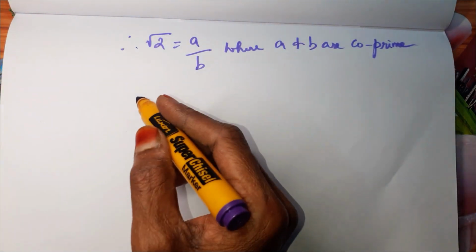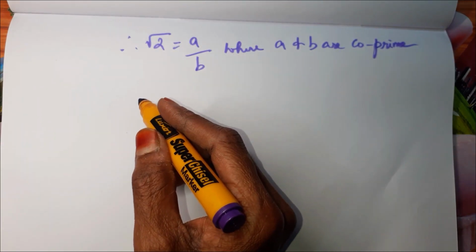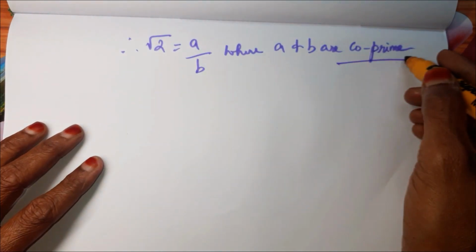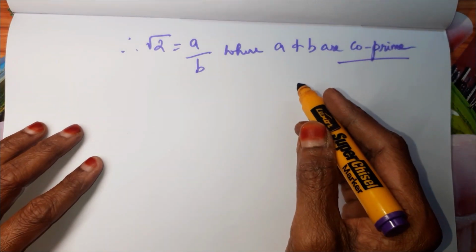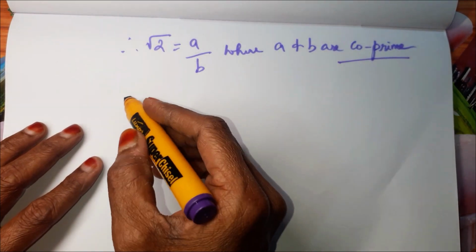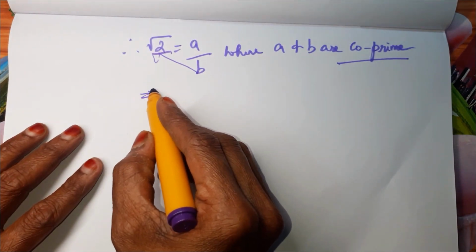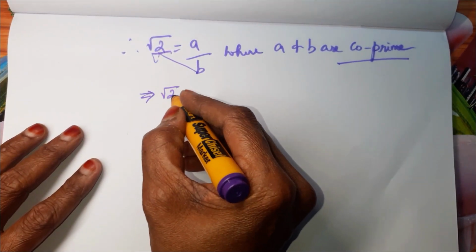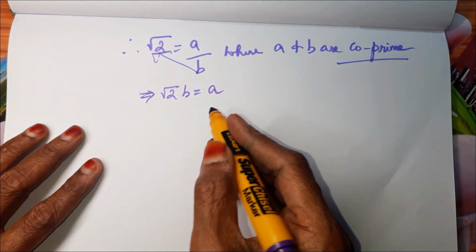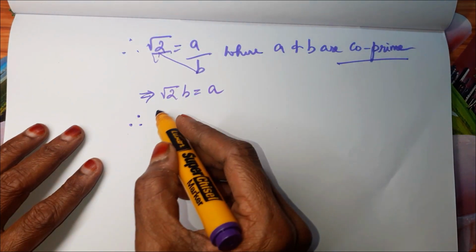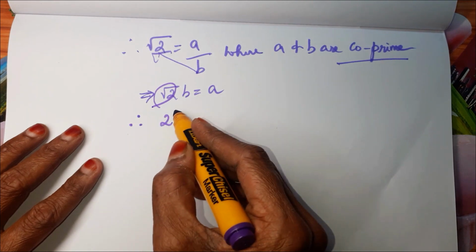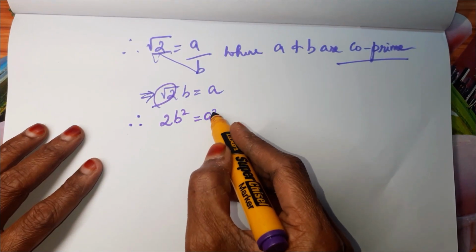So, we can write root 2 is equal to a by b, where a and b are coprime. Coprime means both have 1 as the common divisor, the GCD. Multiplying by b on this side, we get root 2 into b equal to a. Squaring both sides, this becomes 2b squared is equal to a squared.